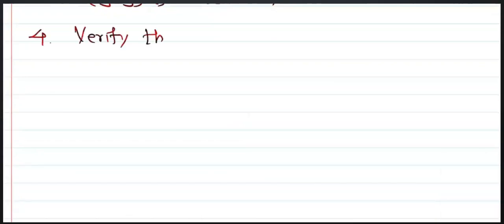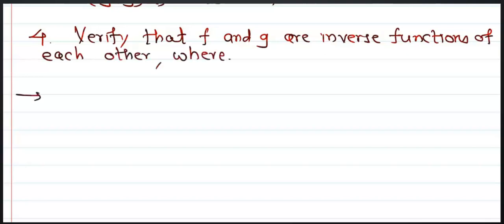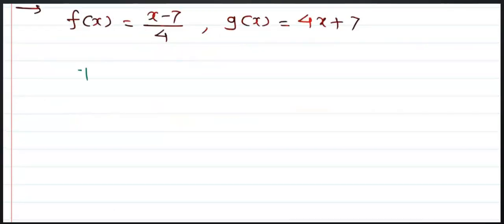Now question number 4. Verify that f and g are inverse functions of each other where f of x is equal to x minus 7 upon 4 and g of x is equal to 4x plus 7.